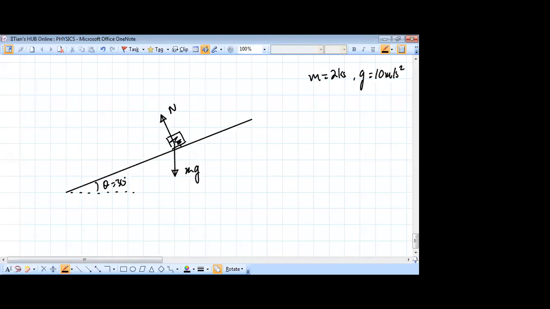The normal reaction is acting along this line, and the acceleration vector along this line. Yes, the normal reaction will be at 30 degrees to mg. That is correct.